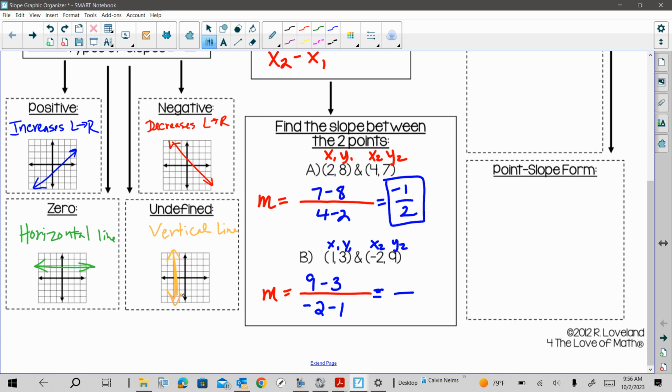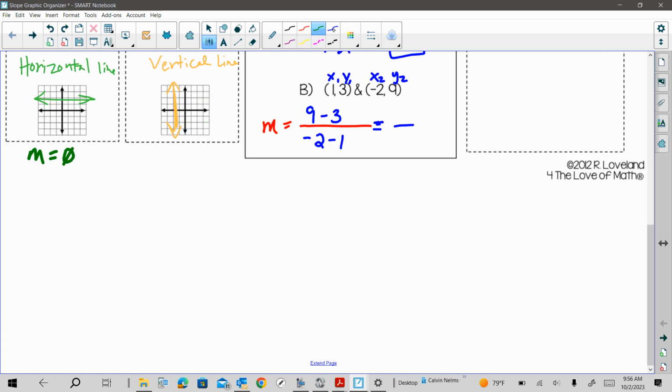Now for horizontal slopes here, the m is going to equal 0 as a ratio, as the rate of change, ROC. To get a zero slope, you're going to have a number on the top of your ratio, any number, and then 0 at the bottom. Oh, sorry, flip that around, it's the other way around.